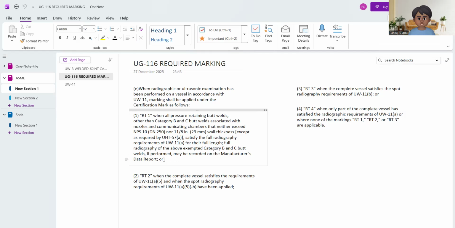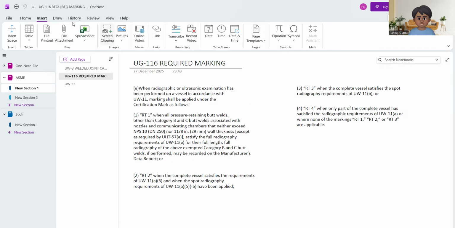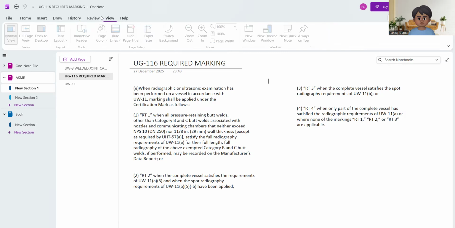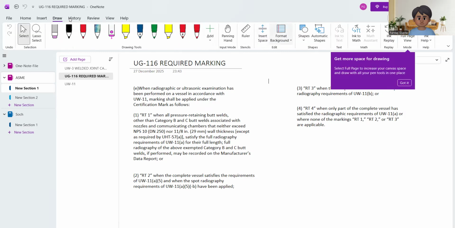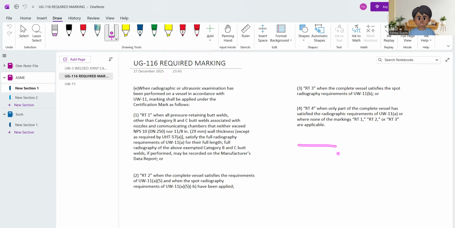Whenever we are doing a butt weld joint, let me open this. Yeah, a butt weld joint is like this. Suppose there are two plates, and we are joining them by welding.